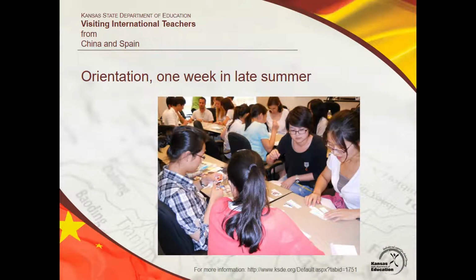As Suzy mentioned, we have 1 week of orientation. It lasts a little bit longer than 1 week, but what we do during orientation is as soon as the visiting teachers come in to the United States and to Kansas, we pick them up from the airport and they come straight to us, and we spend time in this week to go over classroom structures, differences that they would see from their culture to our culture here in the United States.